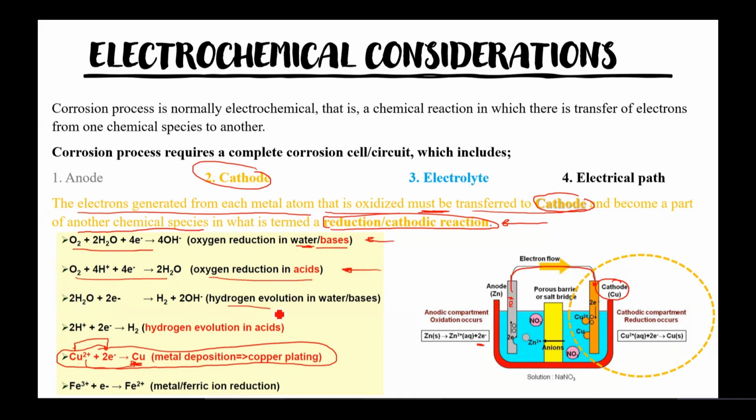Evolution of hydrogen gas in water bases, this is the reduction reaction. And hydrogen evolution in acidic environment, this is the reduction reaction. Similarly, the opposite of the ferrous ion oxidation reaction is Fe3+ converting into Fe2+. This is the ferric ion reduction reaction. Is this clear so far? Yes, sir. All right, great.